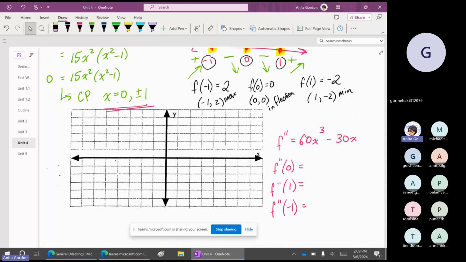So if I put 0, I get 0 again. If I put +1, I get a positive number. If I put -1, I get a negative number. So this tells me that I have a min and a max as confirmed before.